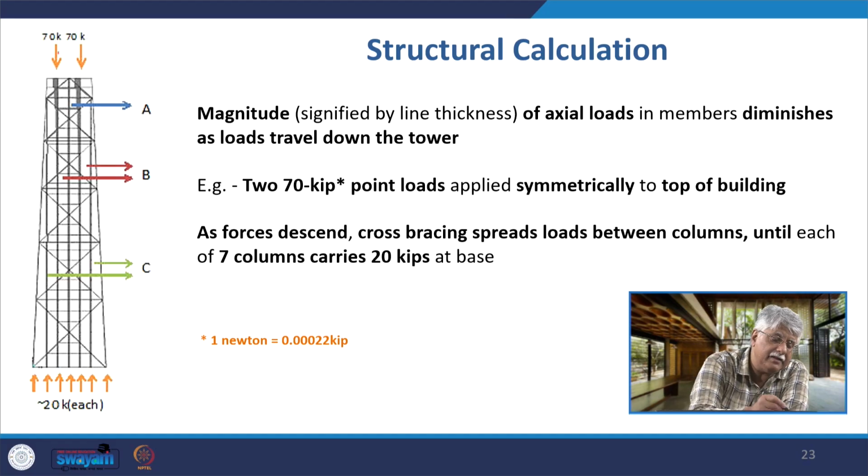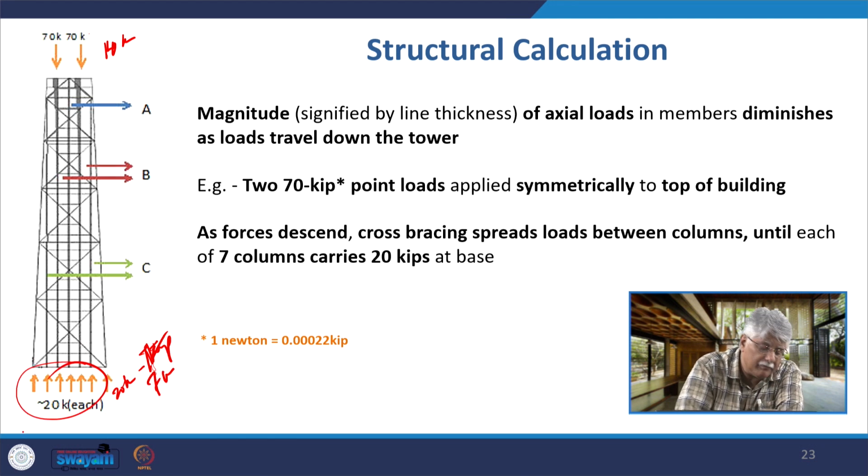For example, there are these two load points of 70 kip each right at the top of the John Hancock Center, and this axial loading is there. As the load travels down, it gets dispersed into 7 different load carrying columns or load carrying routes, and the load gets divided. 140 kip of load gets divided into 20 kip each carried by 7 streams, and this becomes 20 by 7 columns, and again a total of 140 kips.